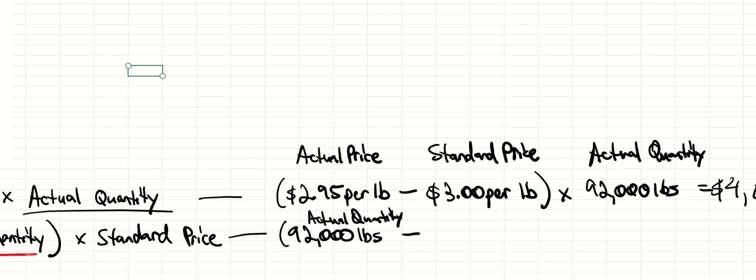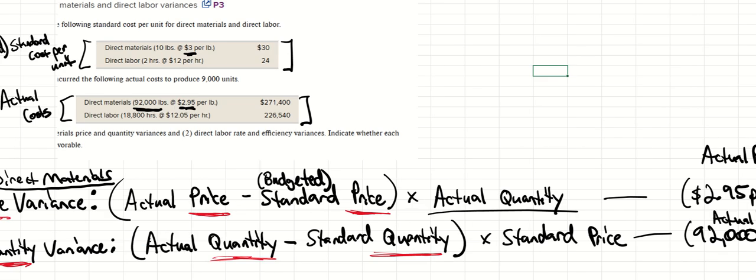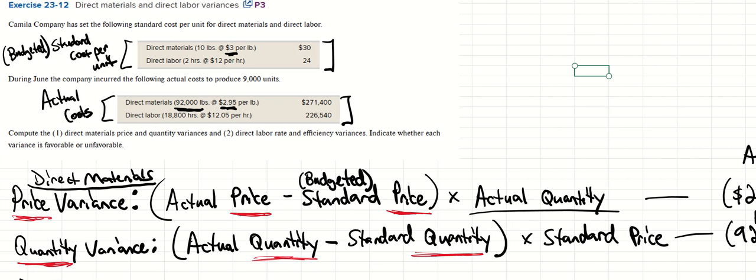And we're going to subtract out the standard quantity. And you notice that when we go back up to the scenario, it doesn't give us the standard quantity, only the standard cost per unit data above the actual cost data. So we've got to do a little bit of math to figure out what the standard quantity is.